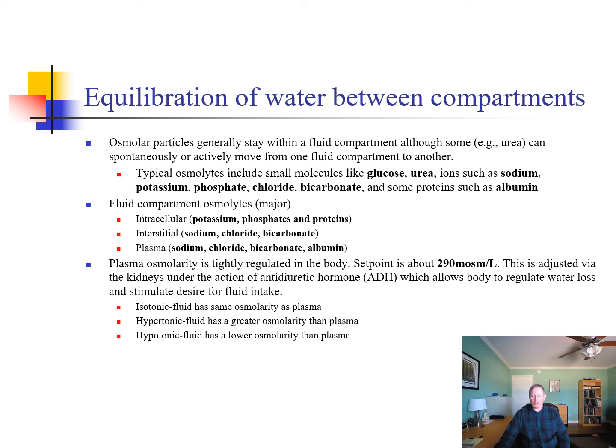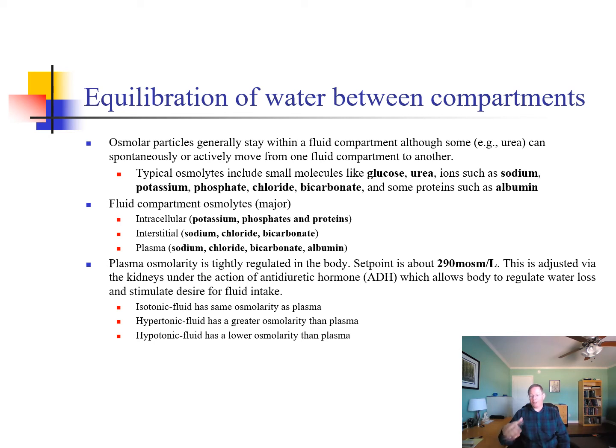When I release this antidiuretic hormone, it will act on the reabsorption of water in my kidneys, which we talk about in renal physiology, through the aquaporin 2 channels in the cortical collecting duct, as well as stimulating a desire for fluid intake.